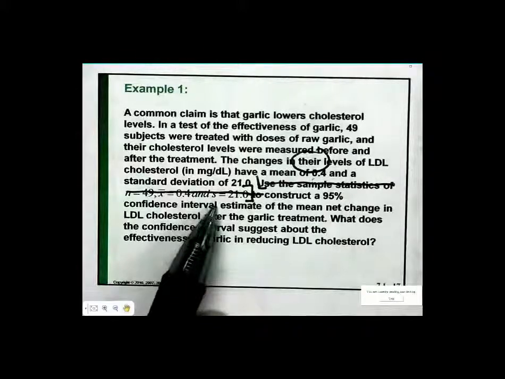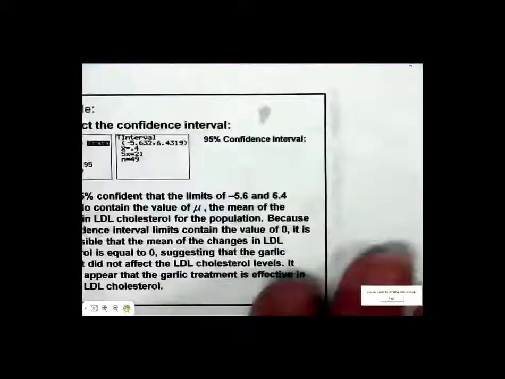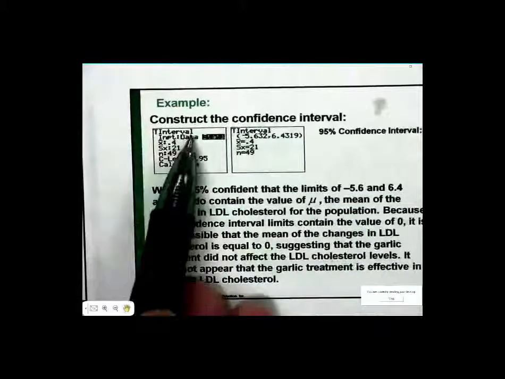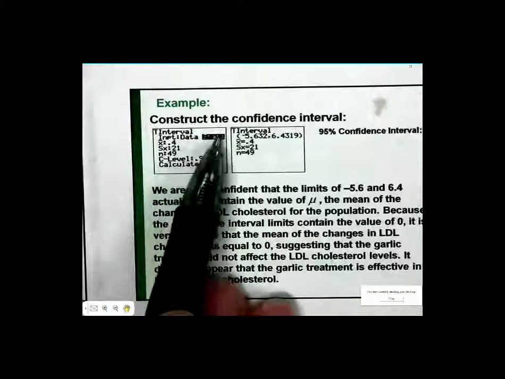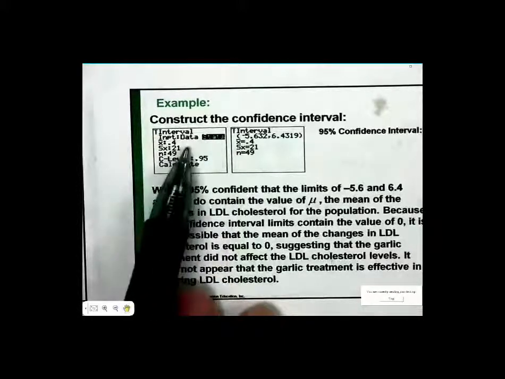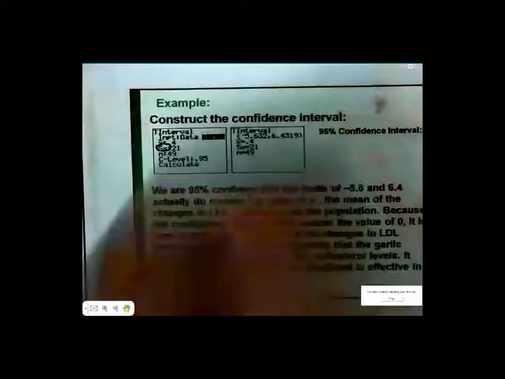Construct the confidence interval: STAT, TESTS, and number 8, TInterval. We need to input the statistics. Sample mean is 0.4. Notice the symbol Sx is used there for the sample standard deviation.